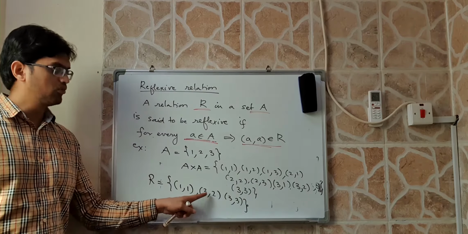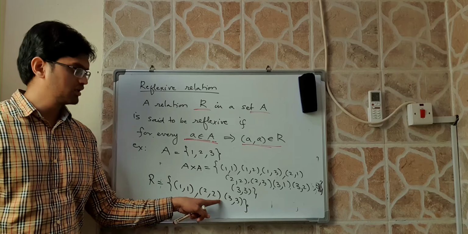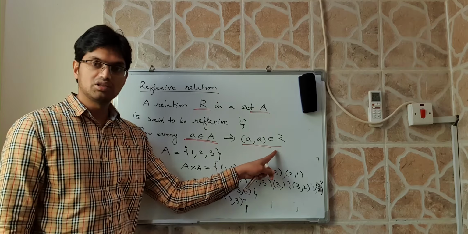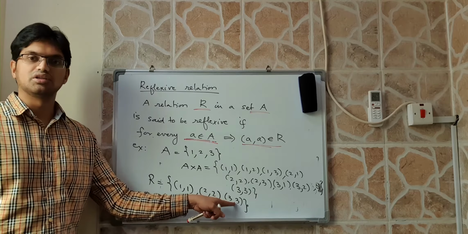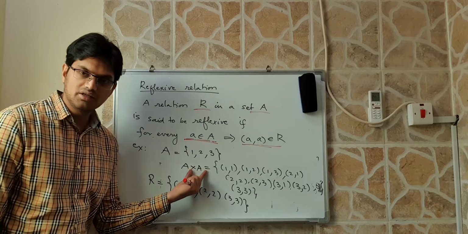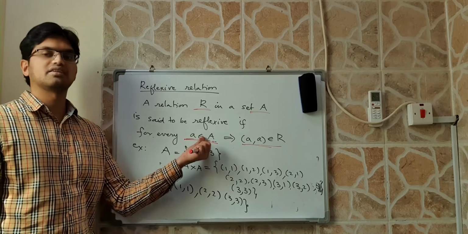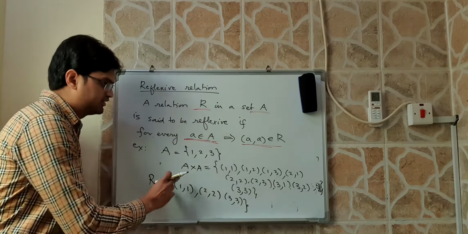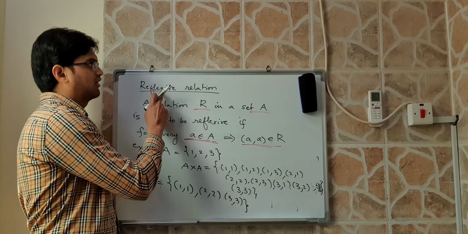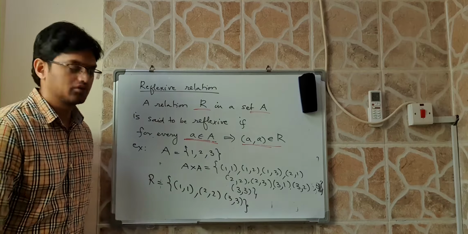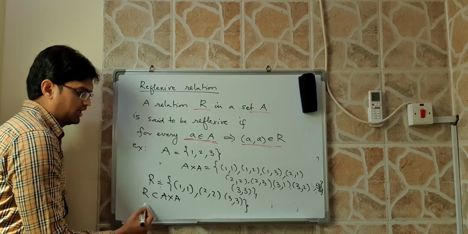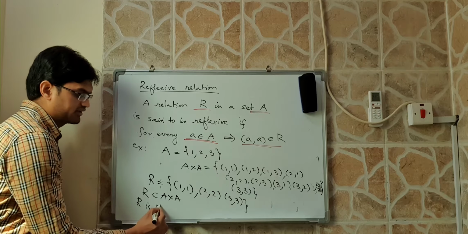So I have (2,2). 3 is an element of A, so I must have (3,3). So I have taken (3,3). That means R is a subset of A cross A and also satisfies this condition. This relation, I call a reflexive relation. So R is a subset of A cross A, and I call R reflexive.